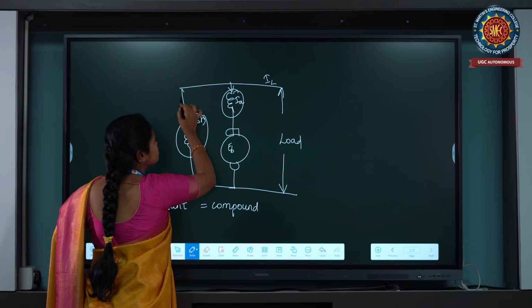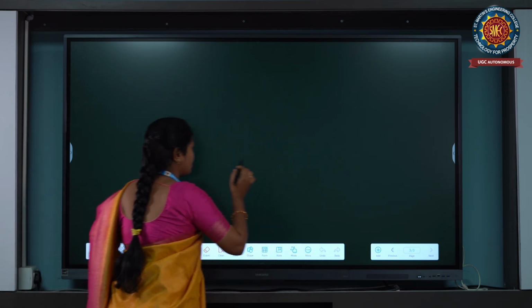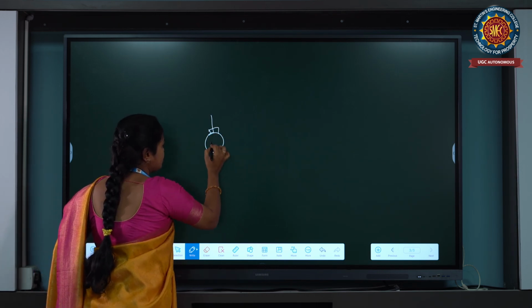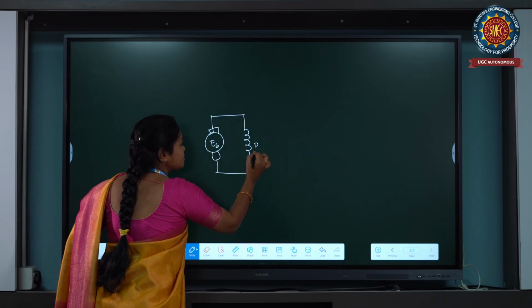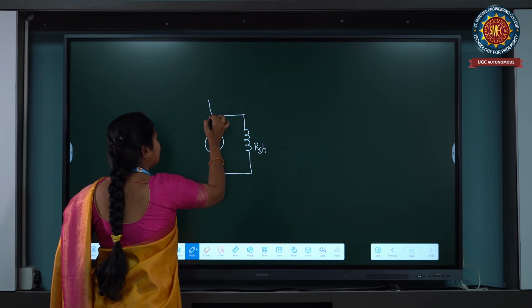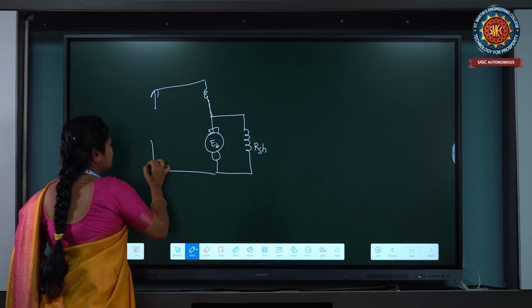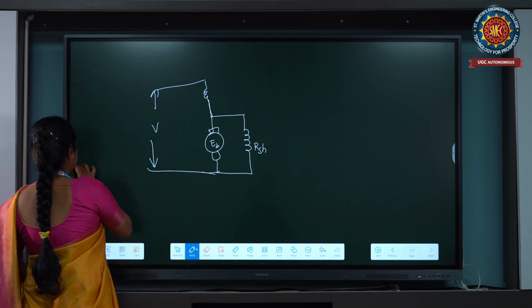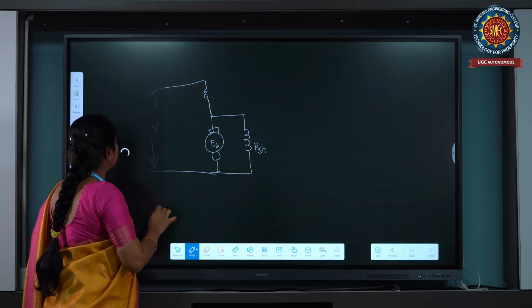In short shunt motors, this is the connection, this is EB. Here I am connecting the field winding, and next here I am connecting the series winding. So this is about the short shunt motor.